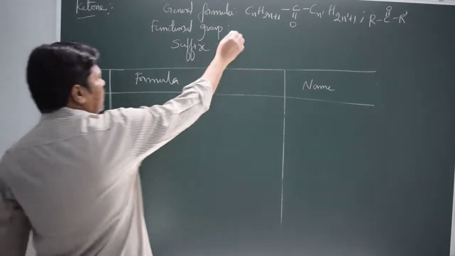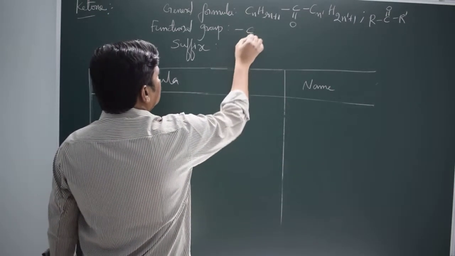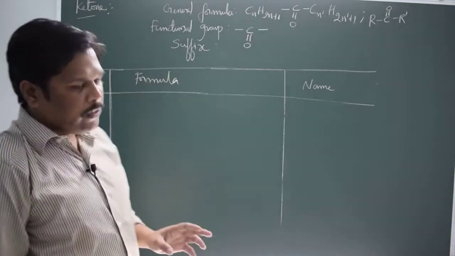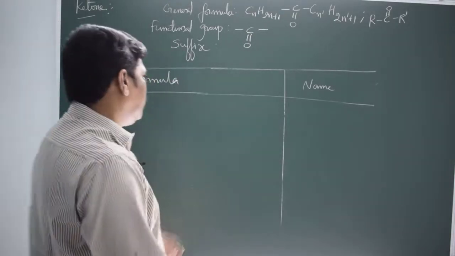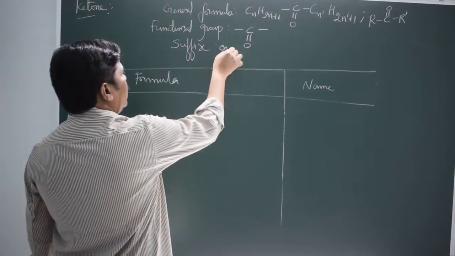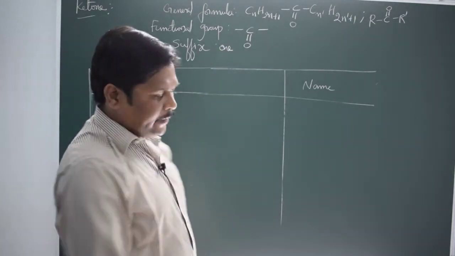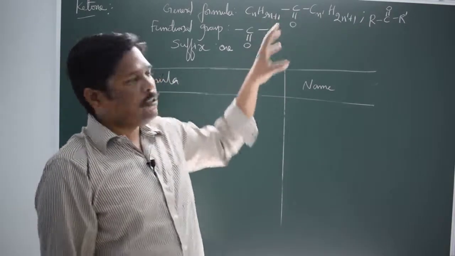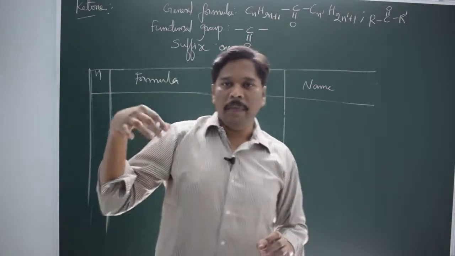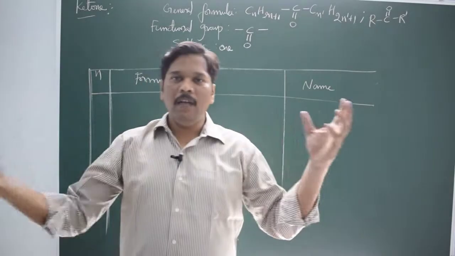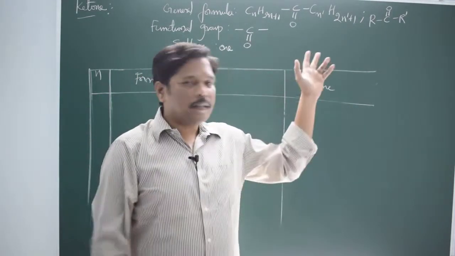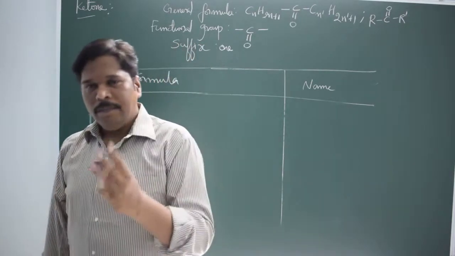The functional group is CO, C double bond O. Then the suffix you are going to get is -one, O-N-E, for ketone. One more important thing for the ketone group: the smallest alkyl group is methyl, so methyl on both sides, 1 carbon on each side, and the ketone group has a C. So the minimum possible is 3 carbons.